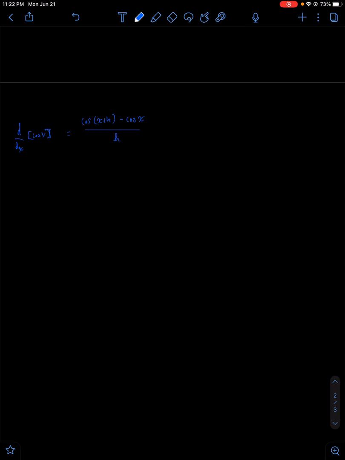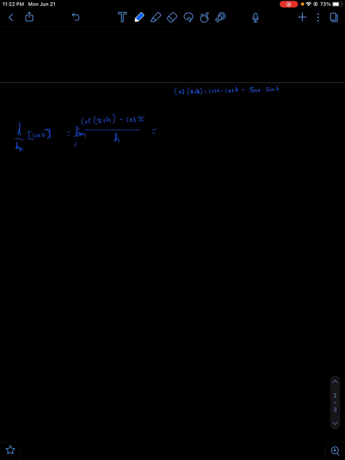all over h. The formula for the sum of cosines is a little bit different than sines. We know that cosine of a plus b is equal to cosine a times cosine b minus sine a times sine b. So this gets simplified.